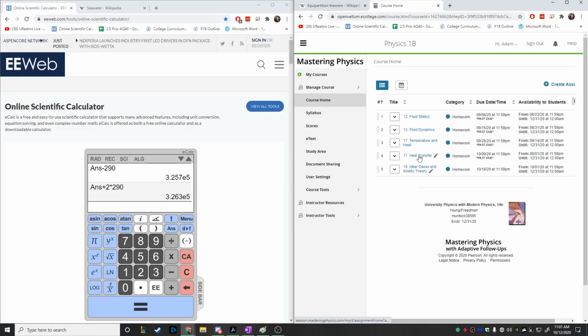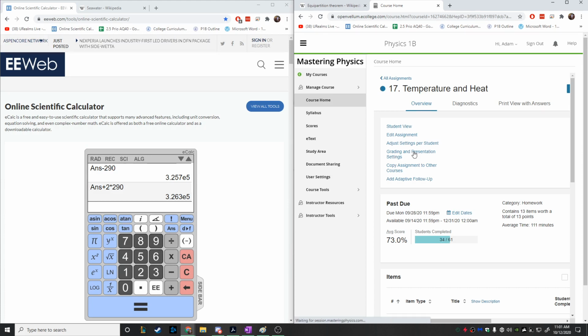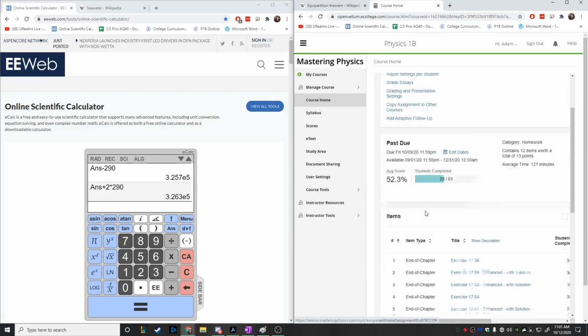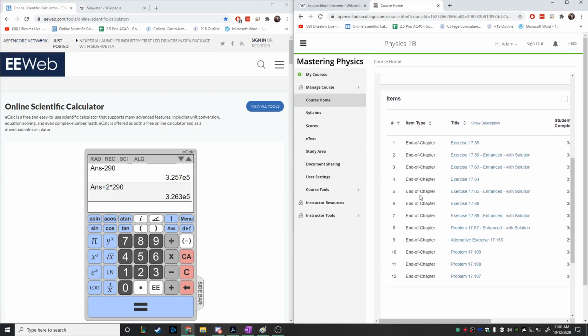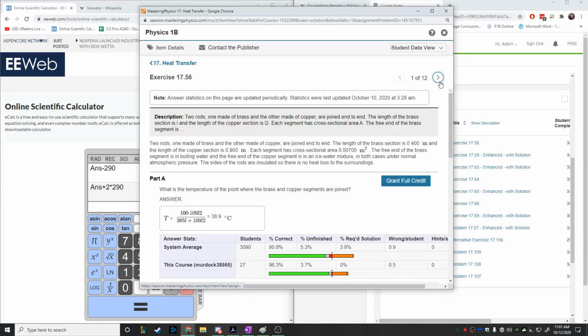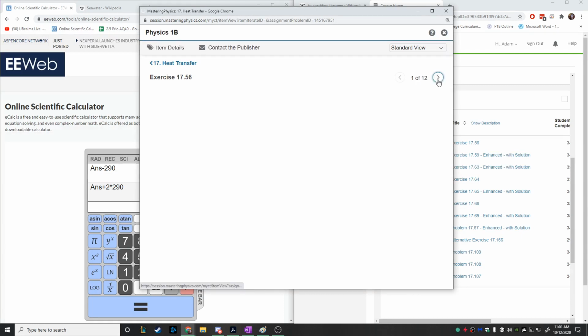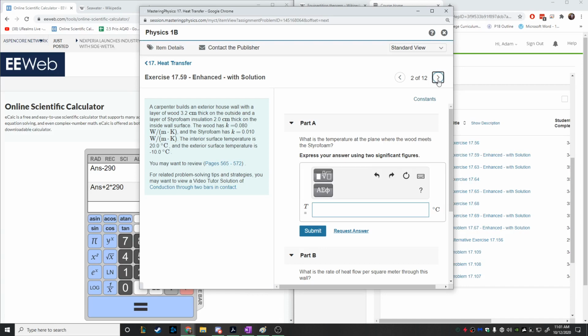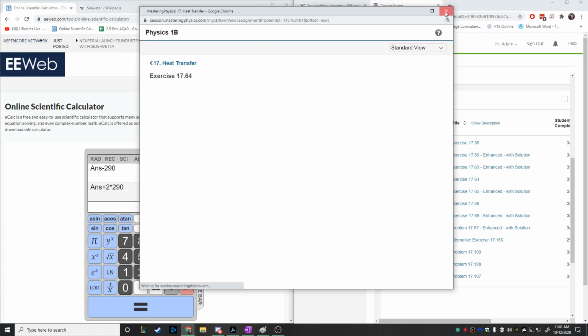Probably heat transfer, right? No, it's probably this one. It is heat transfer, okay. Do you know what number it is? 9, okay. Oh god, that takes so long.